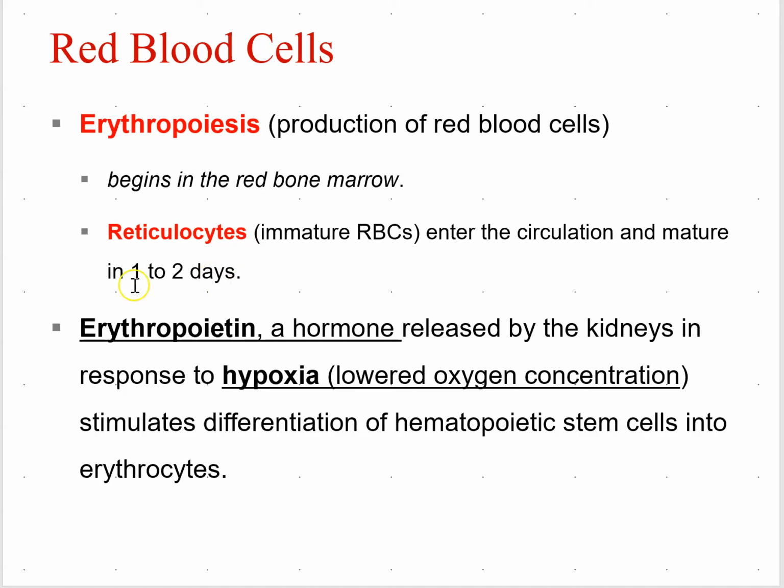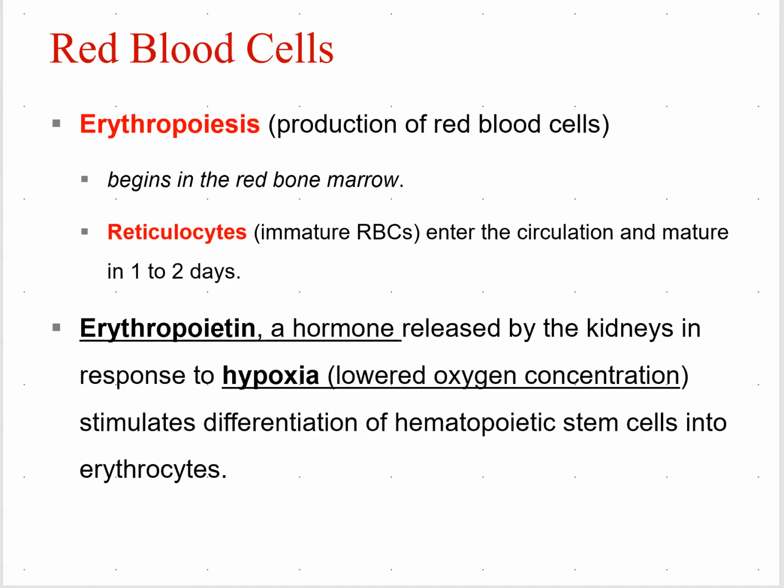A mature red blood cell lives in the system for about 100-120 days, after which it is destroyed. Erythropoietin is the hormone released by the kidneys when the concentration of oxygen is really low, and this stimulates the differentiation of hematopoietic stem cells to generate more red blood cells.